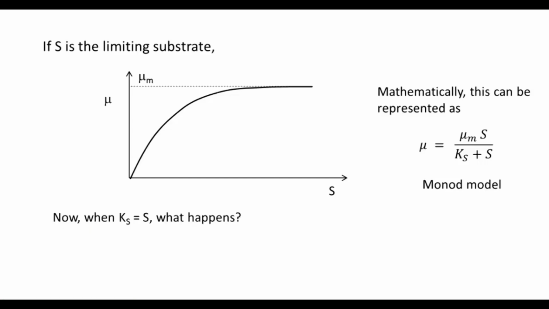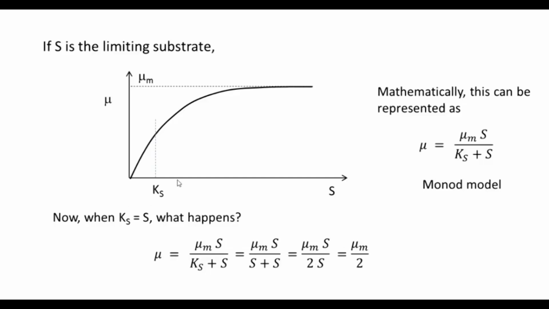Let us look at what happens when Ks equals S. In the Monod model, we substitute S for Ks. Let us see what happens then. Mu equals mu m S by Ks plus S. This is the Monod model. Replace Ks by S. You have S plus S, 2S, in the denominator. Mu m S by 2S, S gets cancelled out. You get mu m by 2.